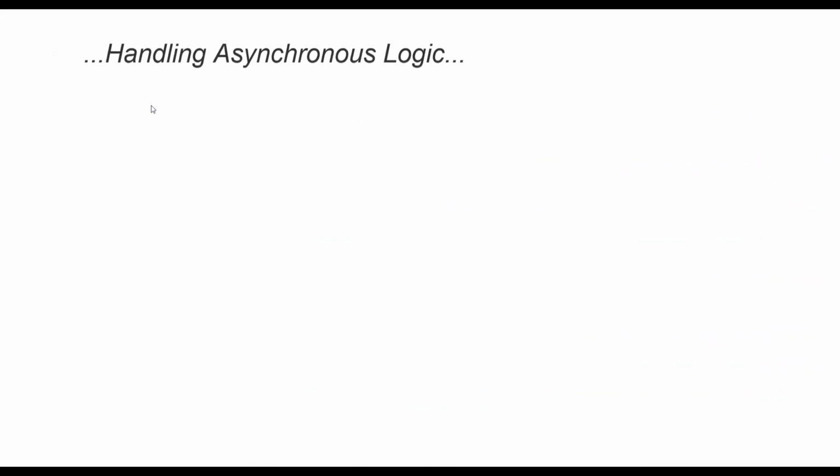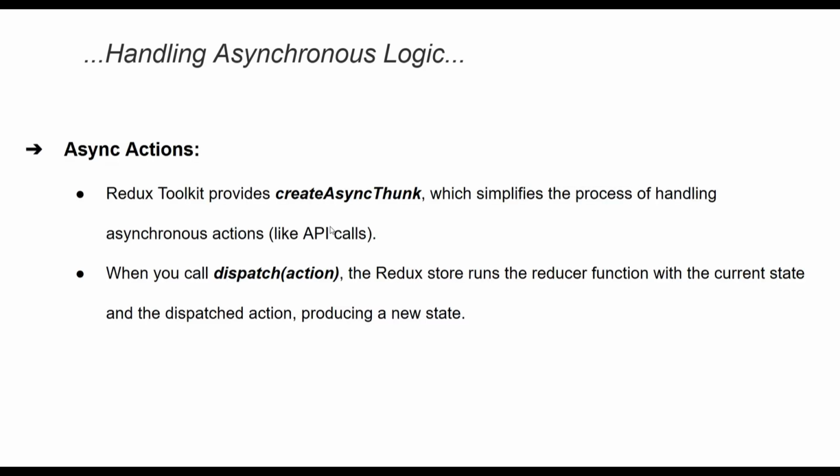Another thing we're going to look at is how to handle asynchronous logic. Redux Toolkit provides a function called createAsyncThunk, which simplifies the process of handling asynchronous actions, such as calling APIs.